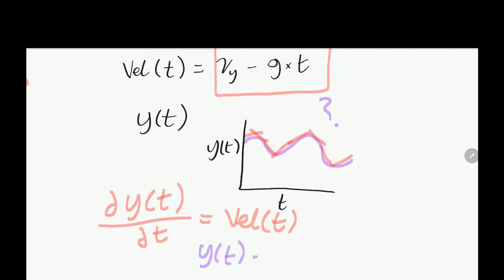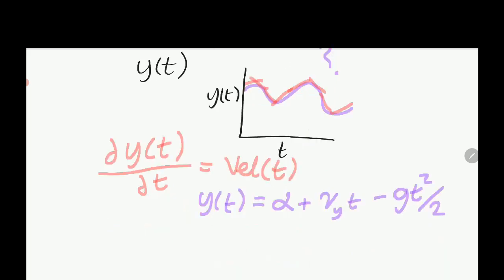And it's probably going to be some constant plus vy times t, take away gt squared over 2. And it turns out that this kind of expression for y of t, the height at time t, does indeed have the right form. If we differentiate it, we do get this function vel of t back again.